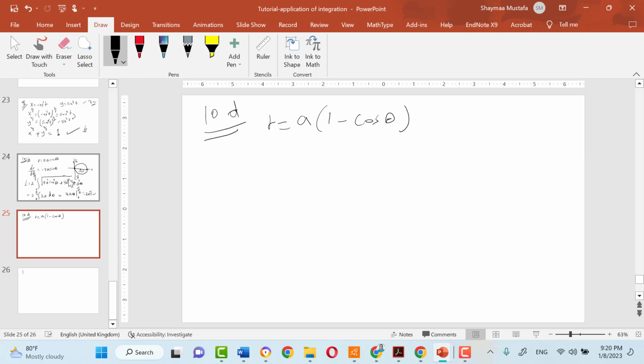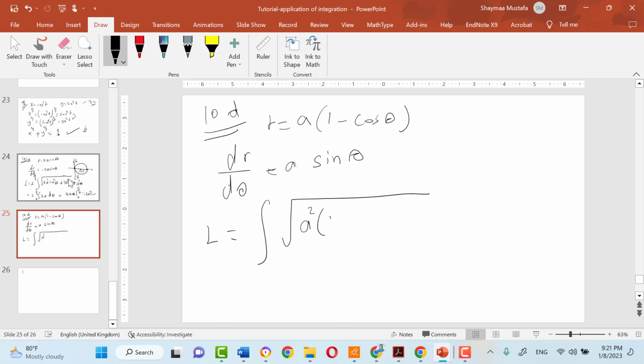They didn't give you the boundary, so you need to find the boundary by yourself. So here dr by d theta is equal to a sine theta, because the derivative of cosine is minus sine and we have minus outside, so it becomes a sine theta. So the length will be r square, which is a square (1 minus cos theta) square, plus dr d theta square, a square sine square theta, d theta.